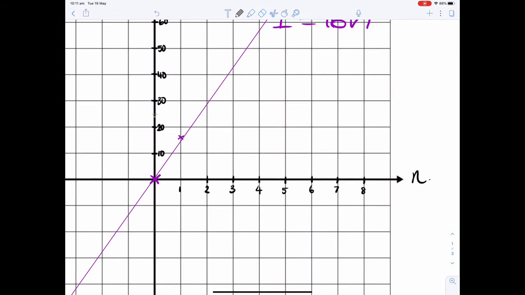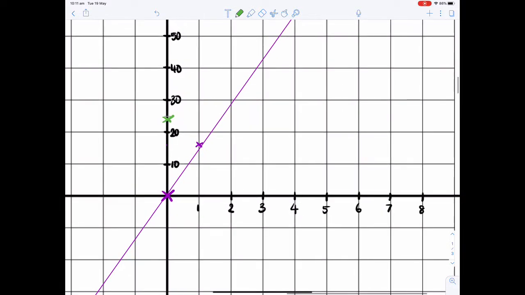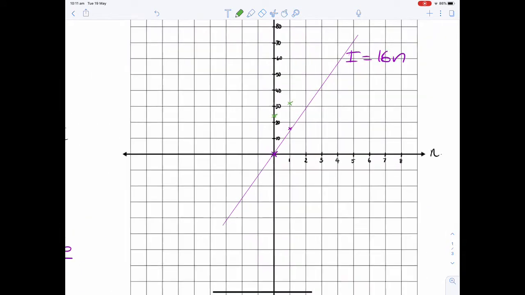So 24 is there. I'm going to call that my point roughly. And the gradient we said was 8 over 1. So we have to go up by 8. It takes us up to about 32-ish, which would be there. And then over by 1, which is here. So there's my second point.